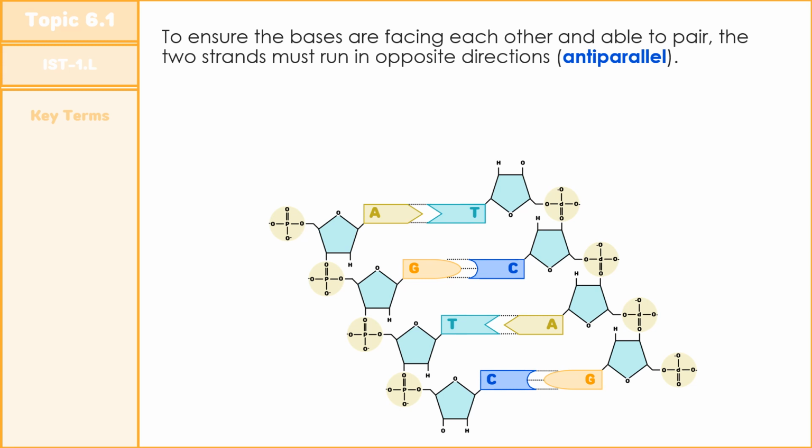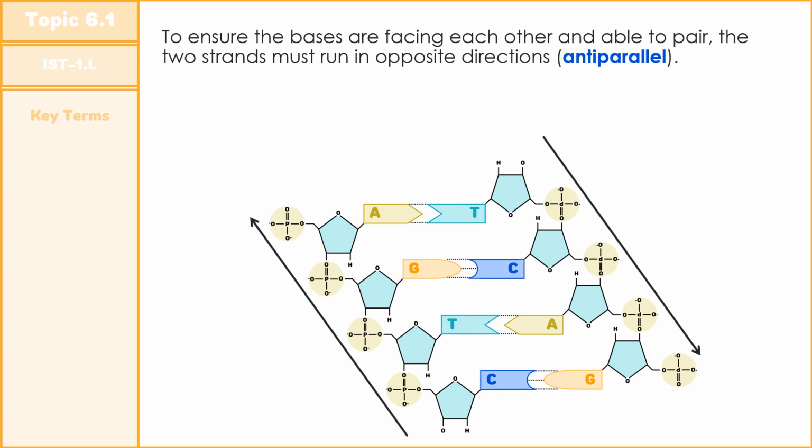An important thing to recognize is that in order for our DNA to be a consistent width along all of its structure, our strands are actually going to run in opposite directions. They're what we're calling anti-parallel.